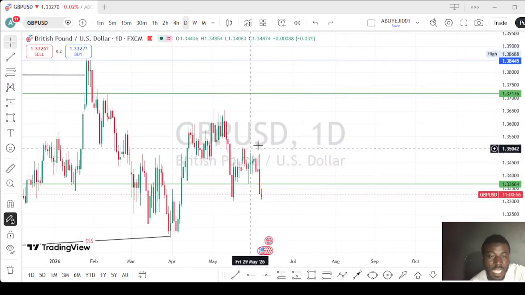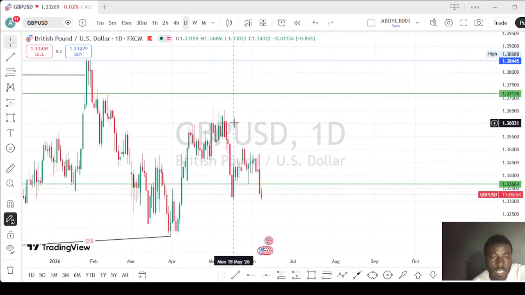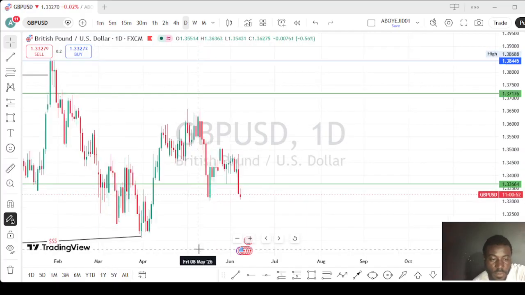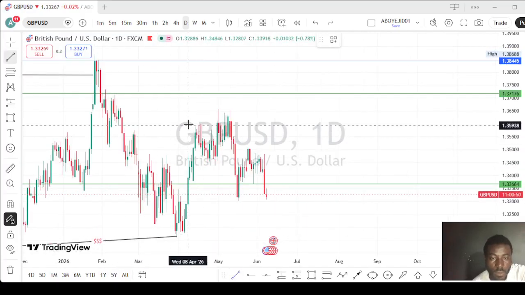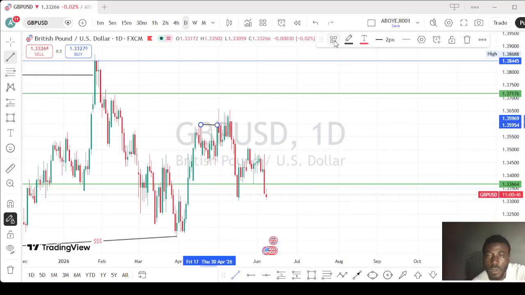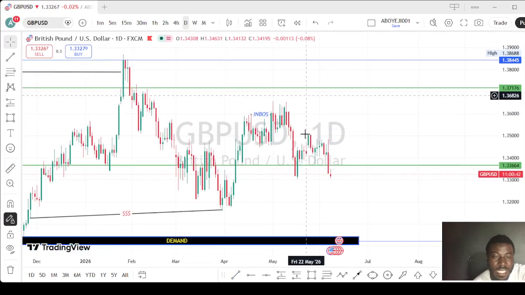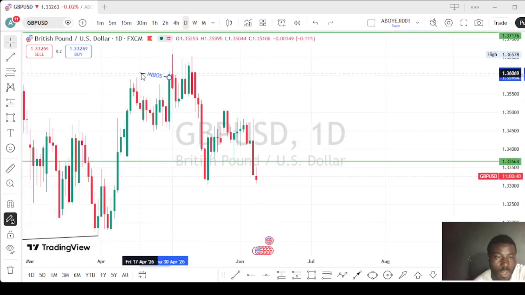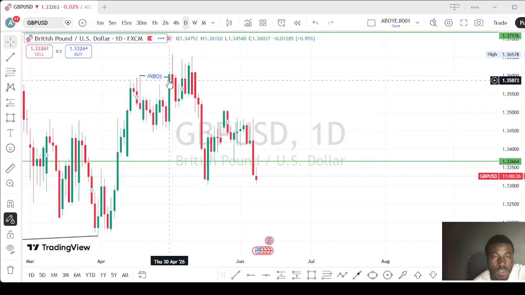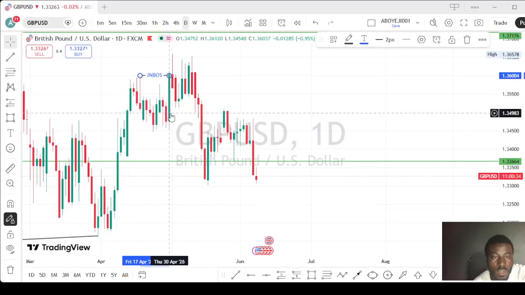This is what the market is having for us. This is the last break of structure from the market. These are internal structure. Internal structure are liquidity, seriously.